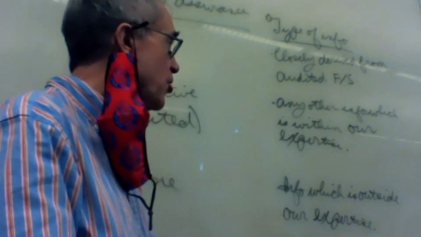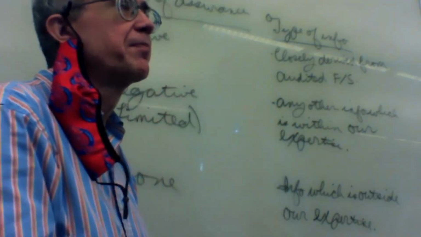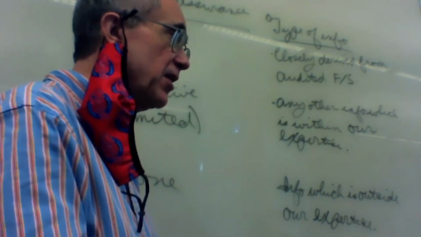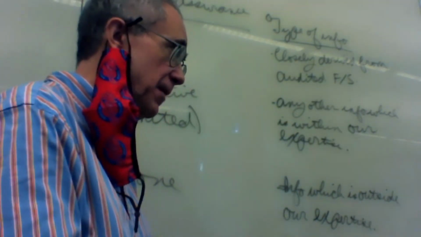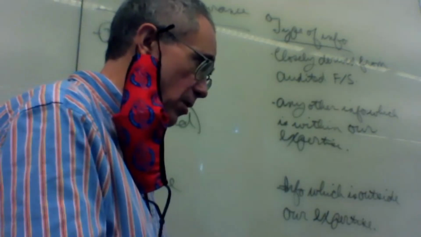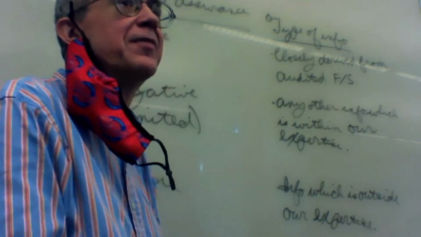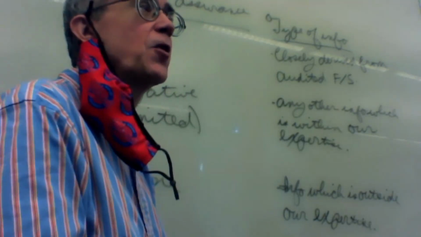By the way, information which is outside our expertise would include evaluating the legality of something. As always, we never evaluate the legality of something like some transaction. An attorney would get very upset.